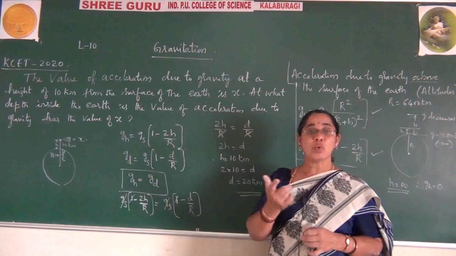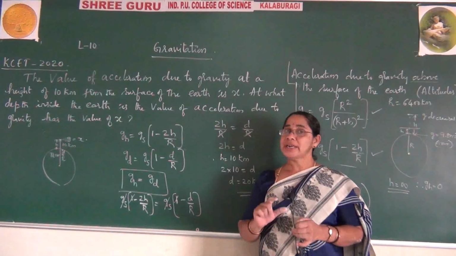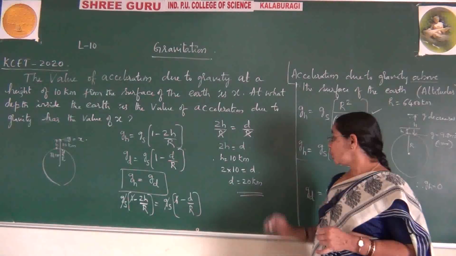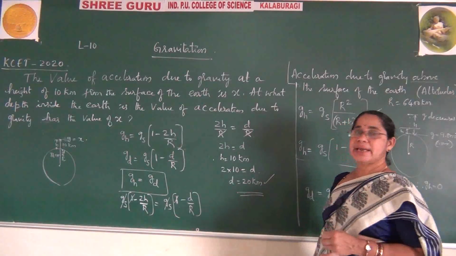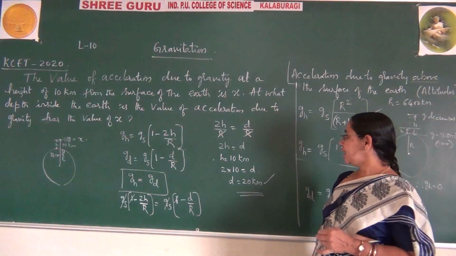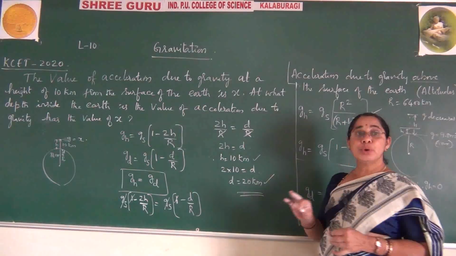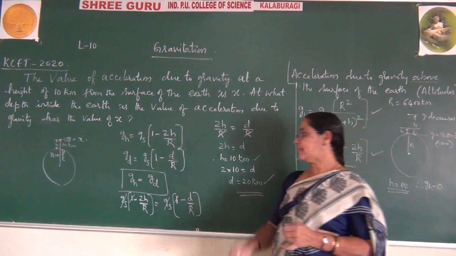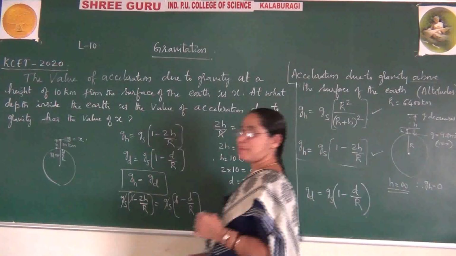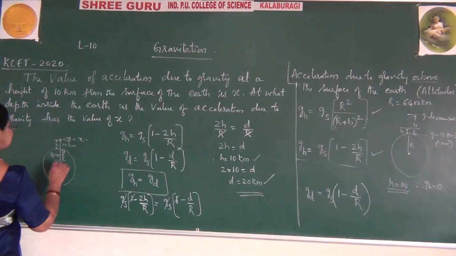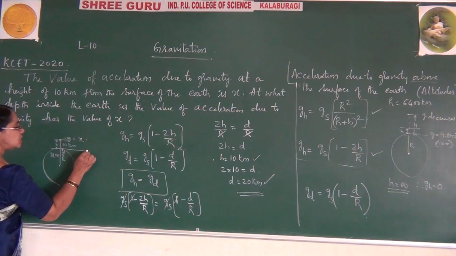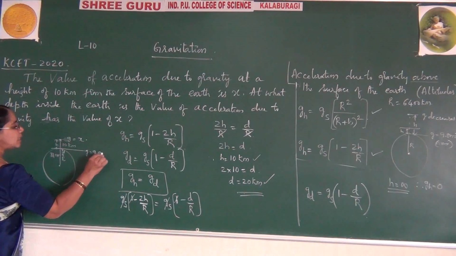You can also learn one more point here. By looking at these answers, d is equal to 20 kilometers and h is equal to 10 kilometers, you can say one more condition. Exactly on the surface, g is equal to 9.8 meters per second square.